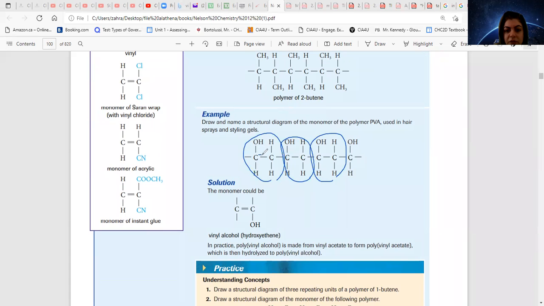So here is the double bond, and when you have a double bond with oxygen, this linkage is gone, right? When your bond is here, it means you don't have this. You don't have this because this is the one that's linked to the next. Then this is going to be your monomer.